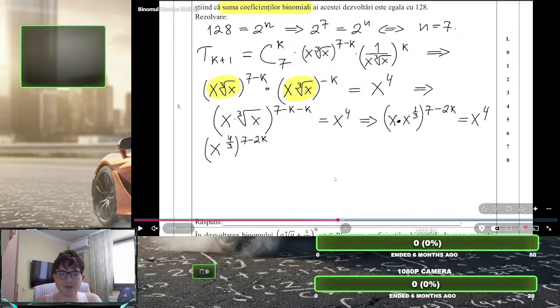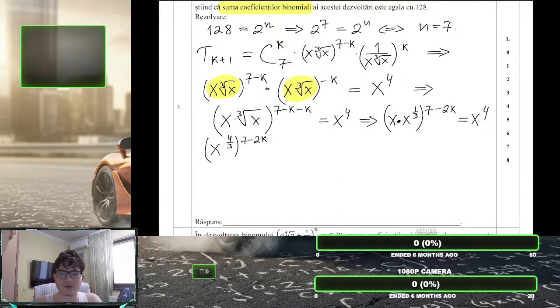Why 4 divided by 3? x at the second power. Do we need the same denominator or what? I thought it's just x to the power of 2.